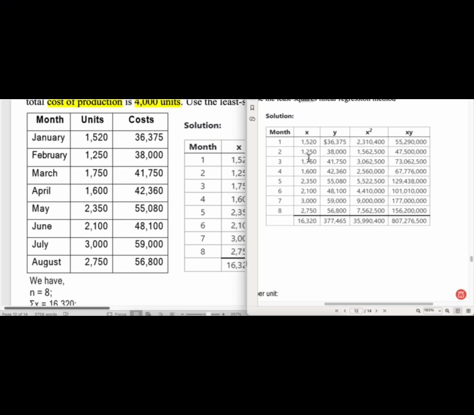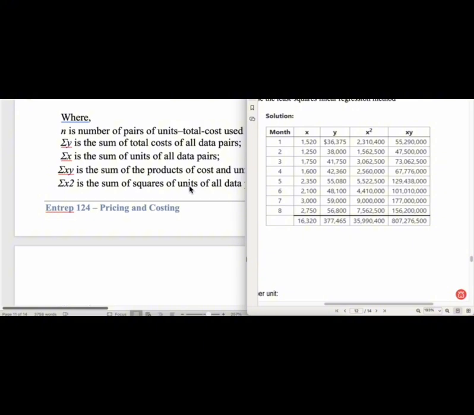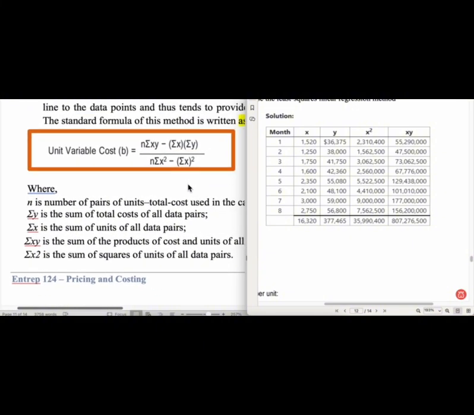Now, we total the x, our units, and we total the y, which is our cost, and we total the x squared. So x squared in total is 35,990,400. That's for all of them. Next, the problem also needs xy, the summation of xy.